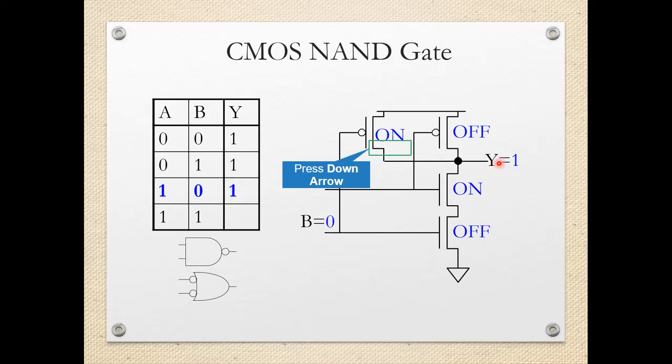So now for this case, out of these two, both should be on, then only output will be 0. But as these two devices are connected in parallel, again this Y is connected through this second MOSFET which is connected to VDD, so output will be logic 1.